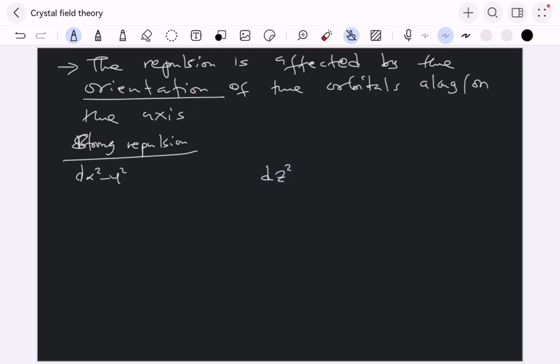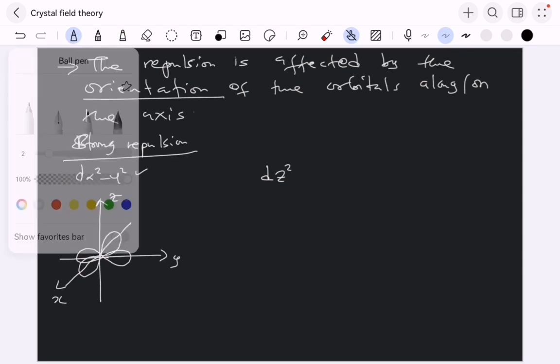When we look at the orientation of these, obviously we're looking at the z, y, x plane. For this particular orbital, you find that these are found along the axis.